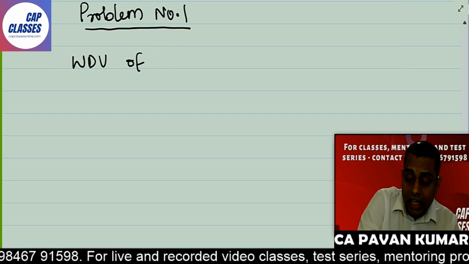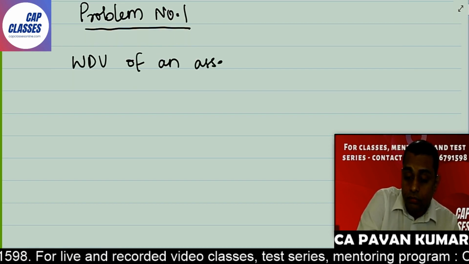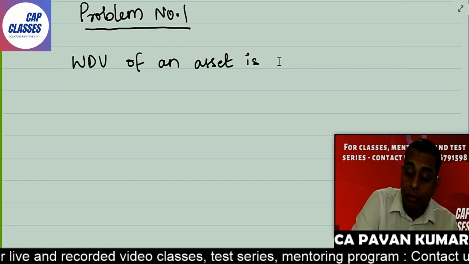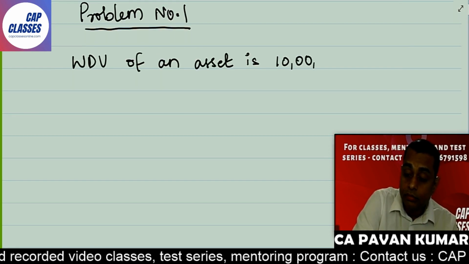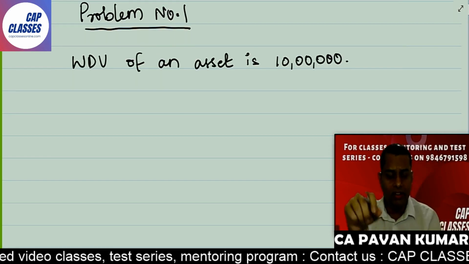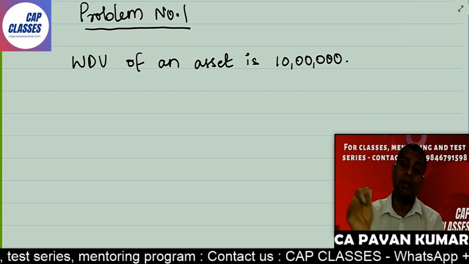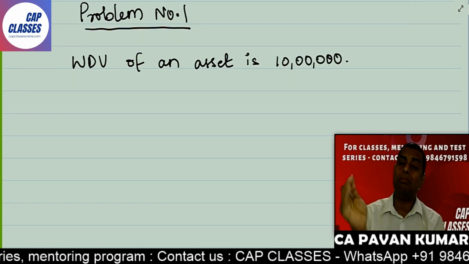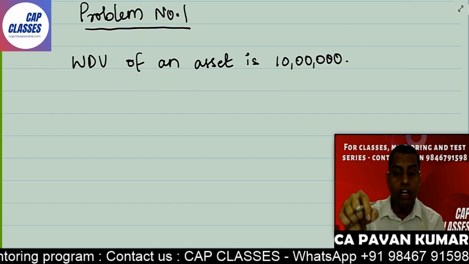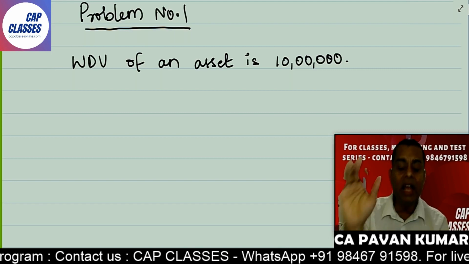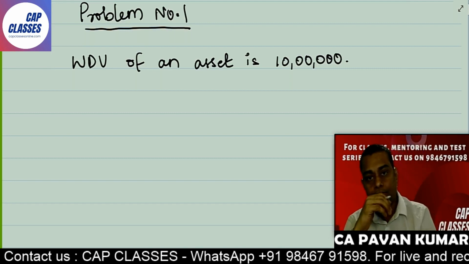WDV of an asset is, say for example, 10 lakhs. Today, WDV is the carrying amount of the asset, it is not the historical cost. Historical cost minus accumulated depreciation minus accumulated impairment loss is equal to today's carrying amount of the asset, that is 10 lakhs.